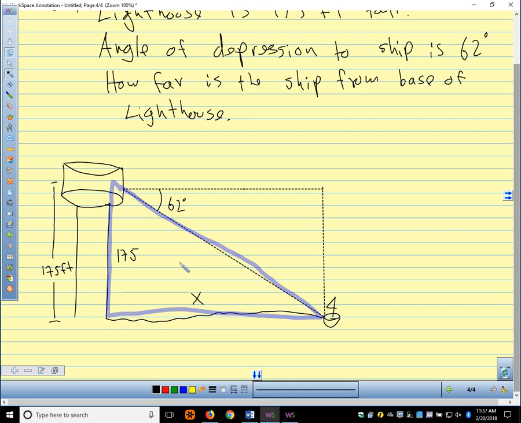If I use this blue triangle, I need to find an angle inside the triangle. Can I find an angle inside the triangle? Yes? What? This angle is the same as that angle. So this is also 62 degrees. I'm going to write that in blue.